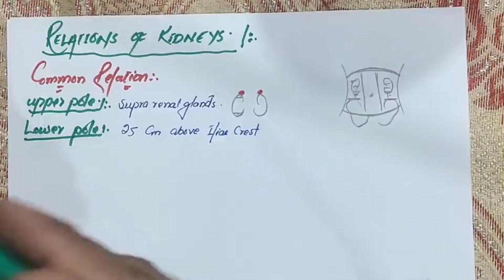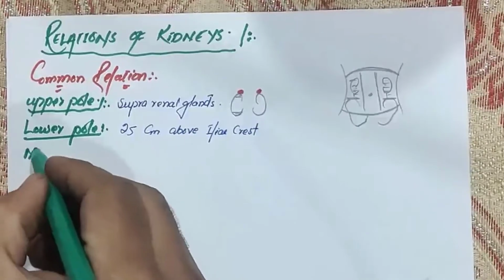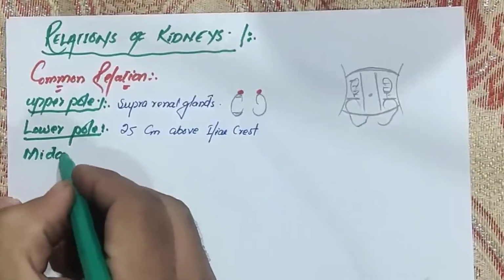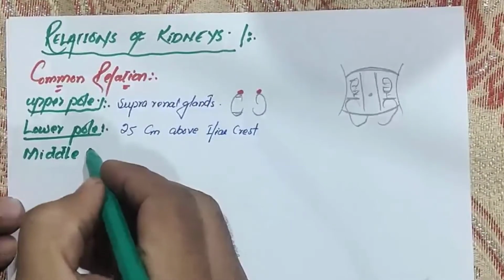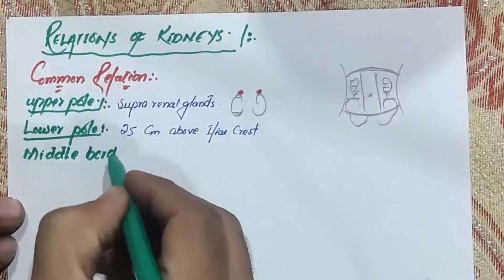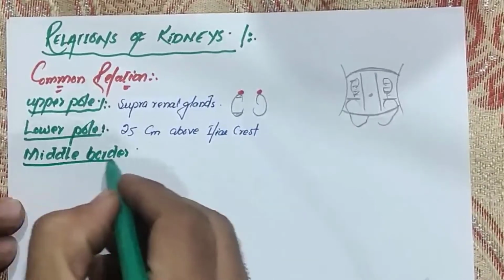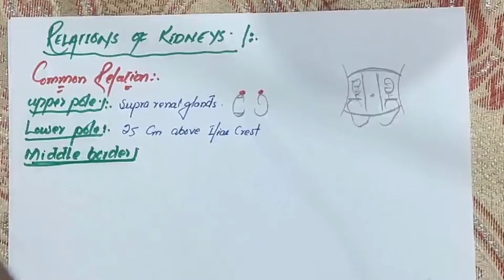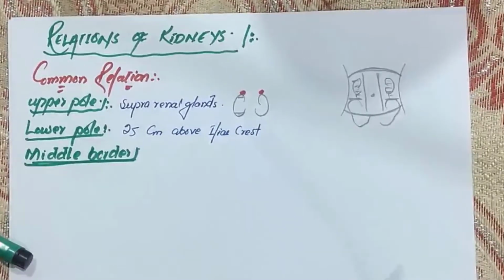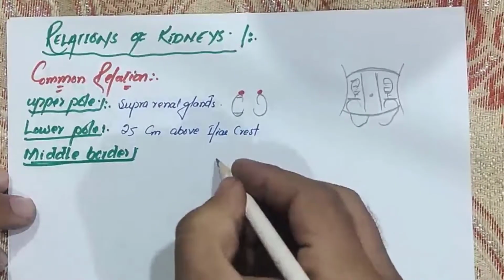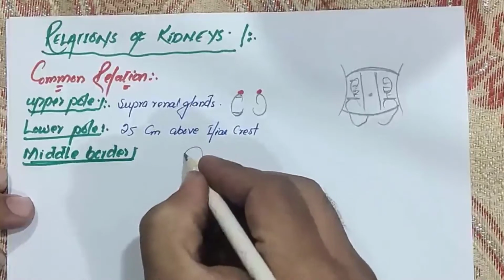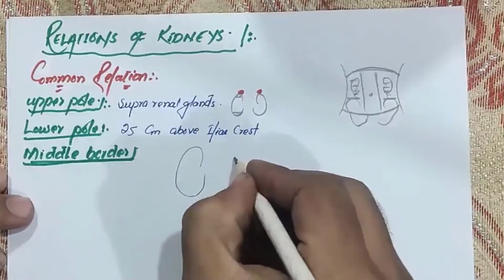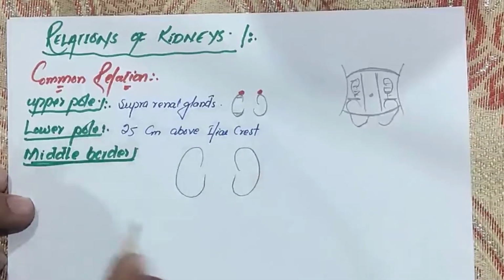This is a common relation to both of the kidneys, right, friends? Now the middle border of the kidney, I'm talking about common features. If you talk about the middle border of the kidney, or we call it the medial border, I'm talking about this border. Let me enlarge this diagram a little bit here. This is a kidney and this is also a kidney, the right and left kidney.